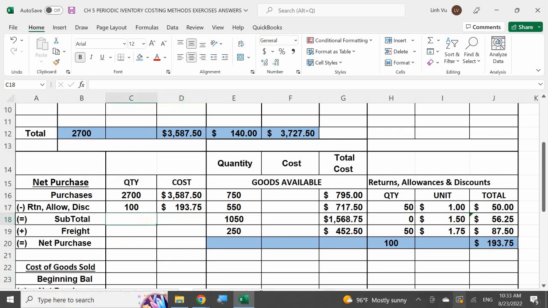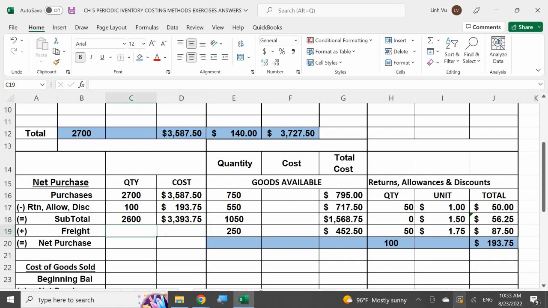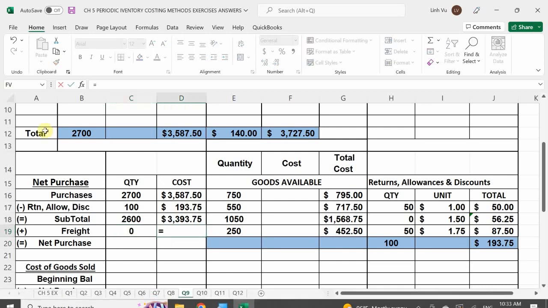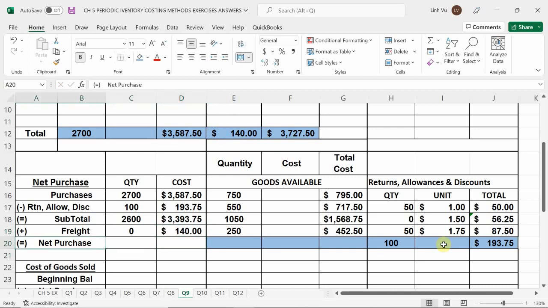So therefore, that should subtract out, giving you 2,600 units at a total of $3,393.75. Freight, once again, adds 0 to quantity, but it does add to the cost of 140.